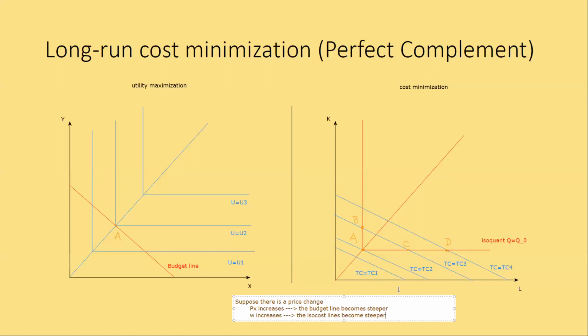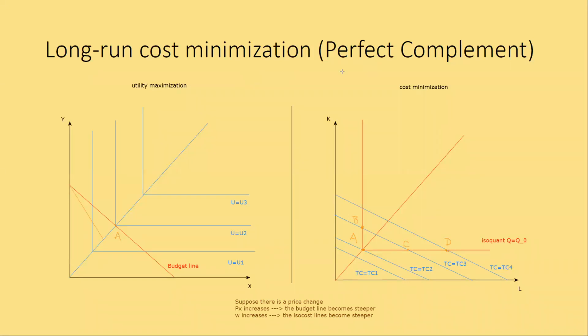Now, what will happen to our optimal solution in the two cases? There is going to be a difference. So let's see. If Px increases, the new budget line that I'm going to draw using the pink color, maybe.